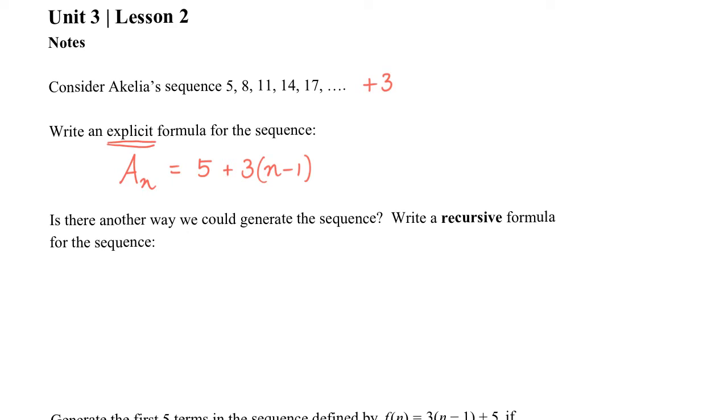But there's another way that you can generate the sequence. And this might actually be more intuitive to some of you, because if somebody came up to you and said, how do you make this sequence? You might say, well, you just start with 5 and then add 3 each time.